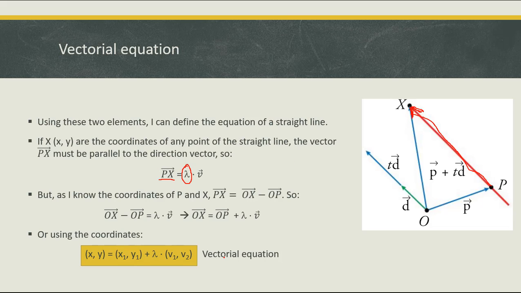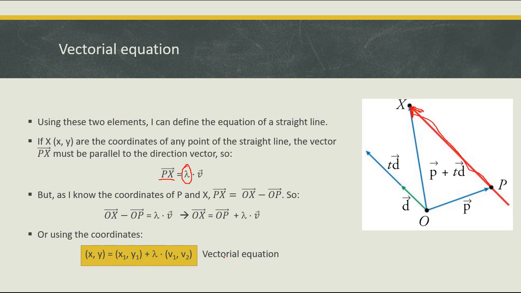I can calculate the coordinates of vector PX using the coordinates of the final point minus the coordinates of the initial point. Remember that even when I can subtract the coordinates, because the coordinates are numbers, I cannot subtract the points because I haven't defined an operation with points.